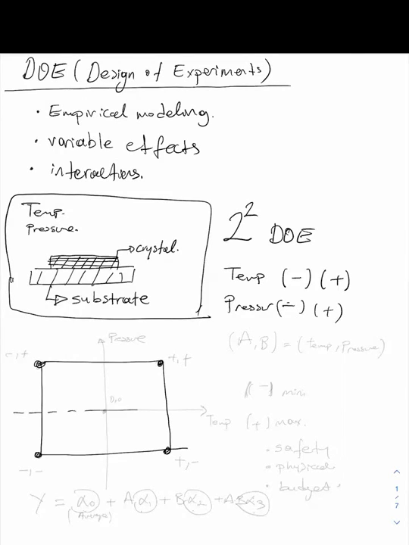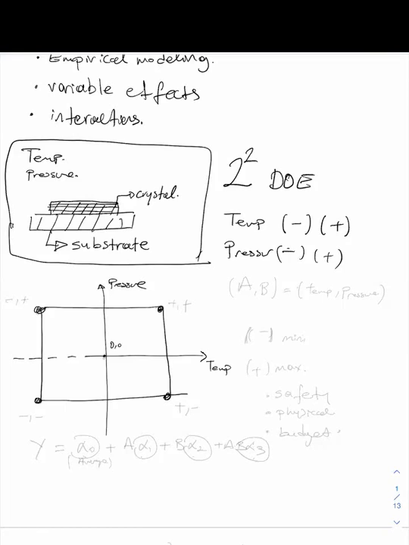So let's say make an origin. Let's say this is your temperature, this is your pressure, and this is your 0, 0, and you can call them, say, A and B, like a coordinate system. You can call them, let's say, temperature and pressure.